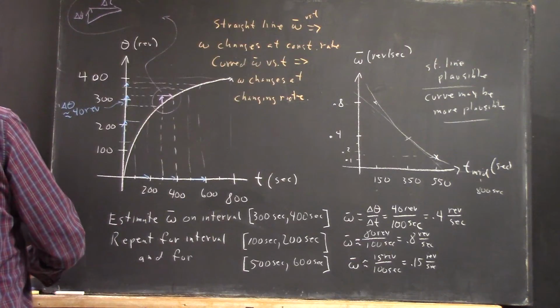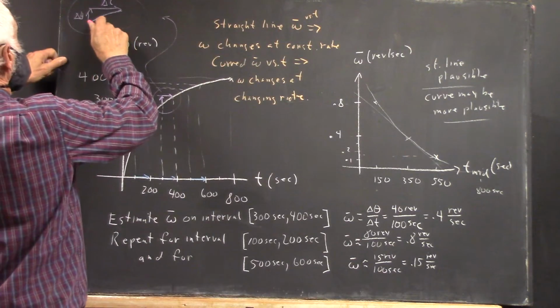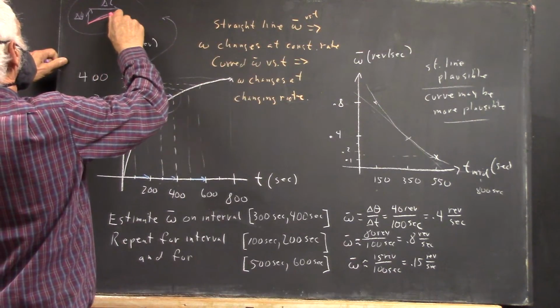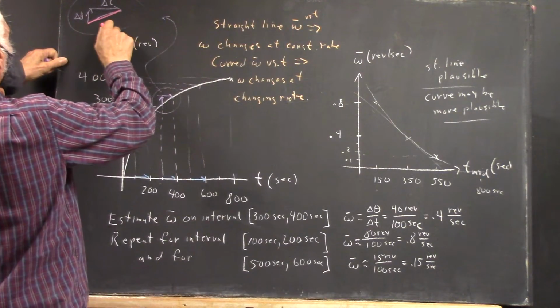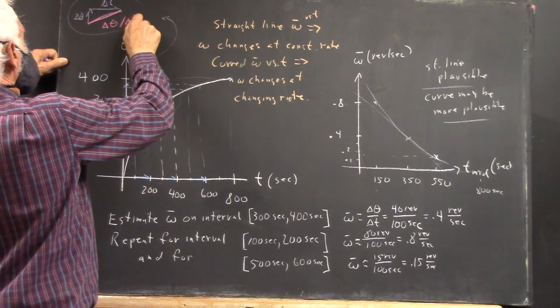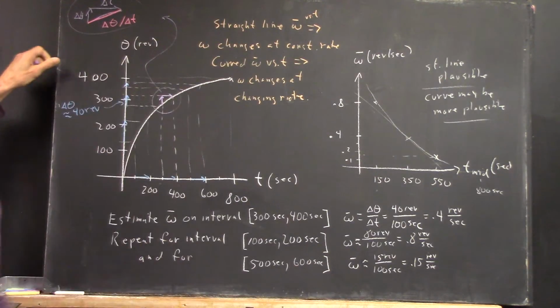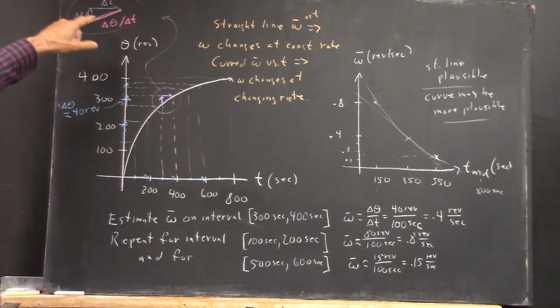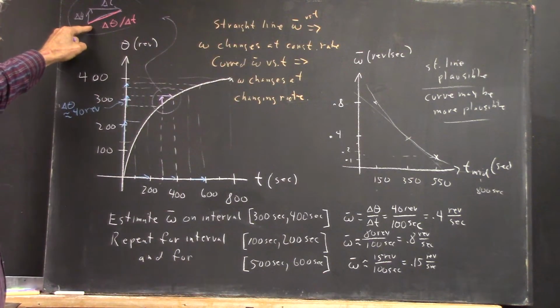If I make a straight line here, then what does delta theta over delta t tell me about this straight line segment?